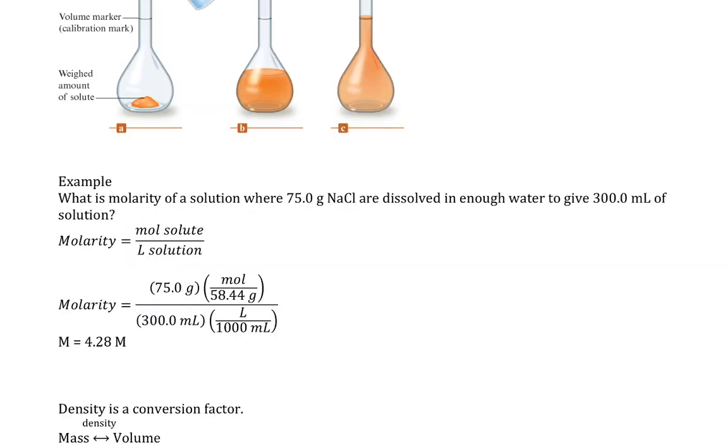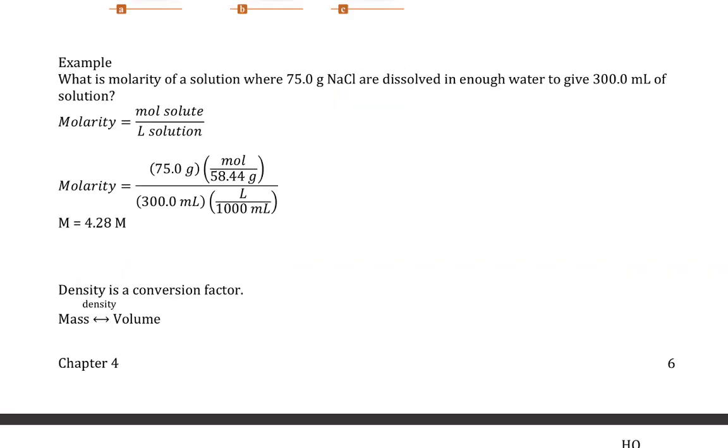Our example here is, what is the molarity of a solution where 75.0 grams of NaCl are dissolved in enough water to give 300.0 mL of solution? Molarity is moles of the solute per liter of solution. So in the numerator we have the moles of NaCl. We take our 75.0 grams and divide by the molar mass of NaCl, which is 58.44 grams per mole.